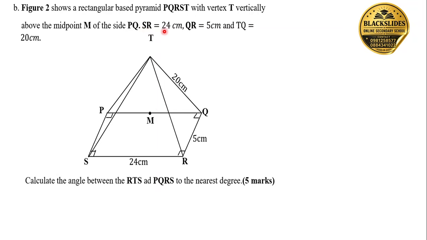RS is 24 centimeters, and QR is 5 centimeters, while TQ is 20 centimeters.